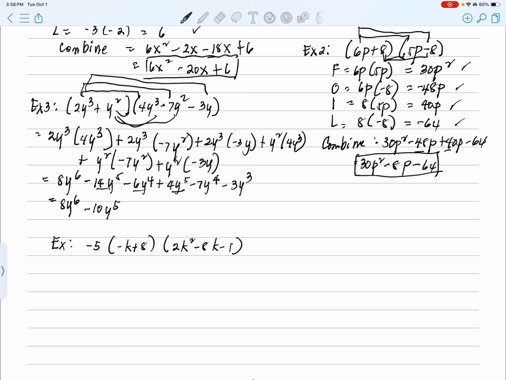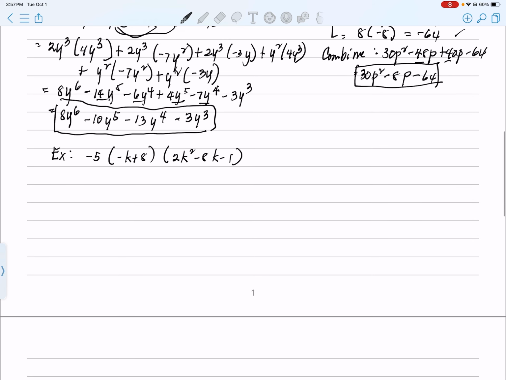Then negative 6 and negative 7, that's negative 13y to the 4th, minus 3y to the 3rd power. Alright, this is already simplified in standard form in descending order.